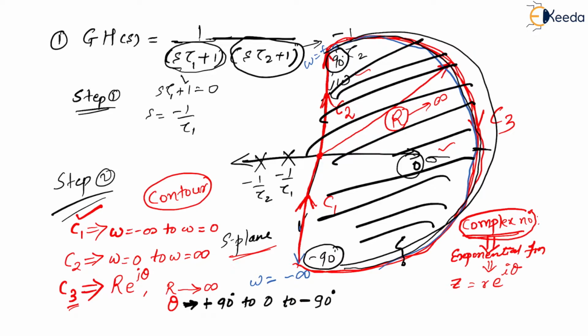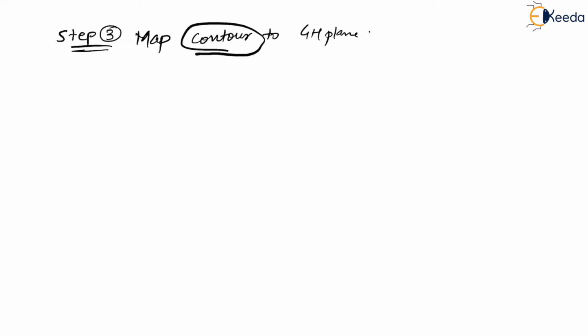Now step 3. What is step 3? To map the contour to the GH plane. How to do that mapping? Let me first draw these contours.